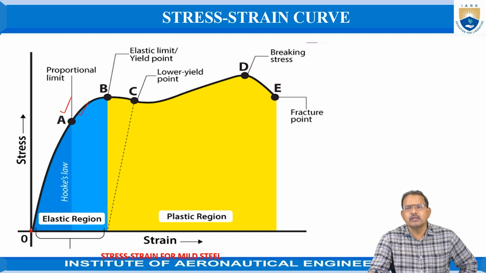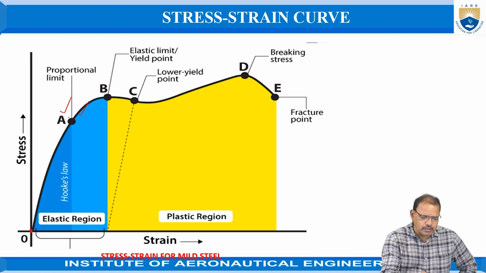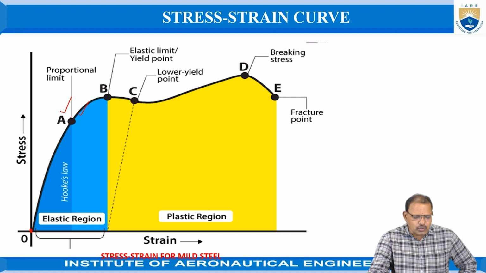At the same time, elongation is produced in the mild steel, which also increases, approximately in the form of a straight line as shown in the figure. Hence, the portion between O and A is known as the proportional limit, that is, the stress is proportional to the strain.